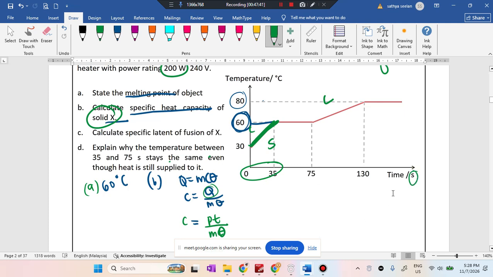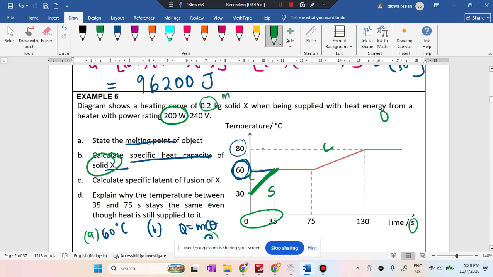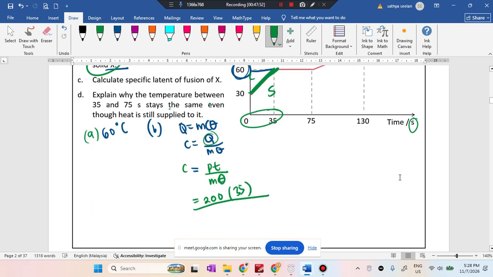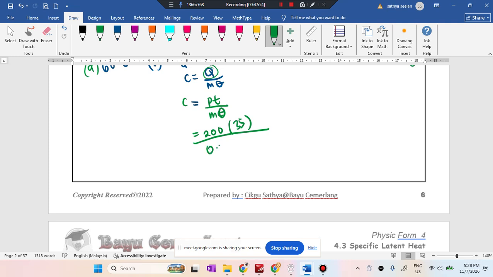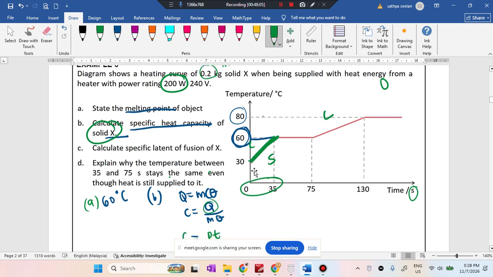Careful lah, sometimes graph dia bagi dalam minit. So ini 35 and mass is 0.2 kg lah. And how about the theta? The theta is from 60 to 30.